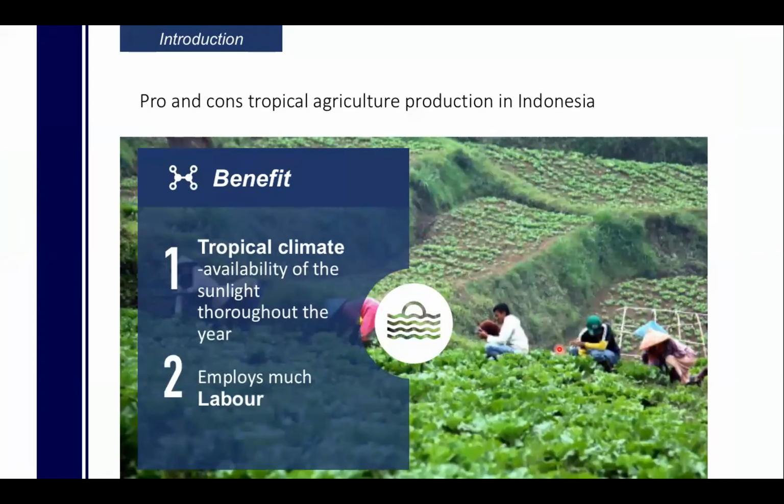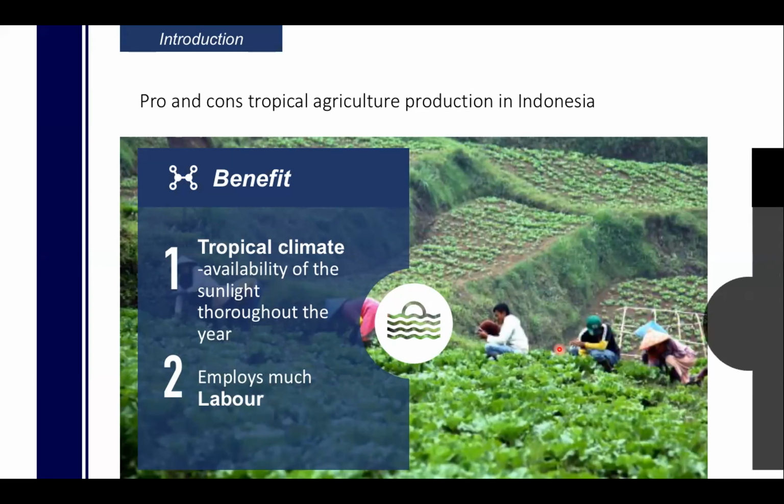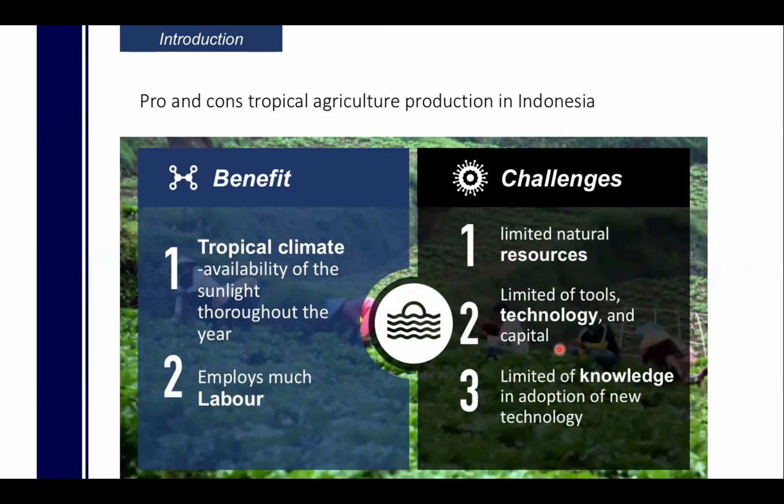There are pros and cons related to tropical agriculture production in Indonesia. Of course we have some benefits: the tropical climate, availability of sunlight throughout the year, and much labor employed. You know that we are maybe number 5 in the world in population. But we also have some challenges: limited natural resources, limited tools, technology, and capital.